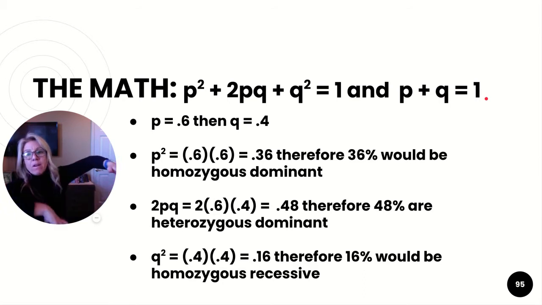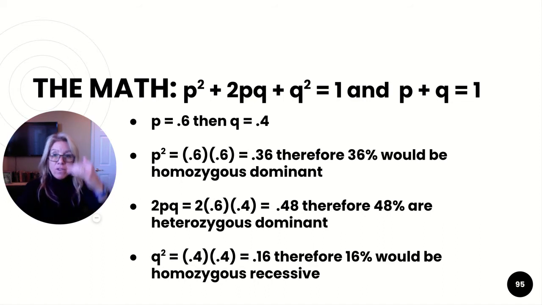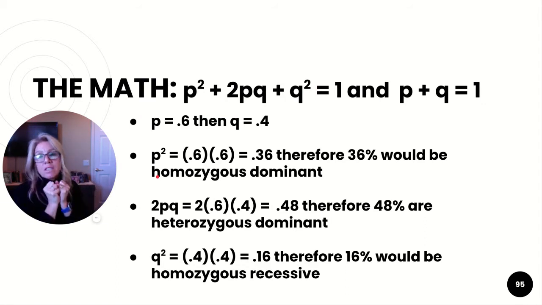That means if I reach in here 60% of the time, I would predict I would pull out the P or dominant allele, and 40% of the time I predict I would pull out the recessive allele. So now I could figure out each genotype using this equation right here. So 0.6 times 0.6, that's 36%.